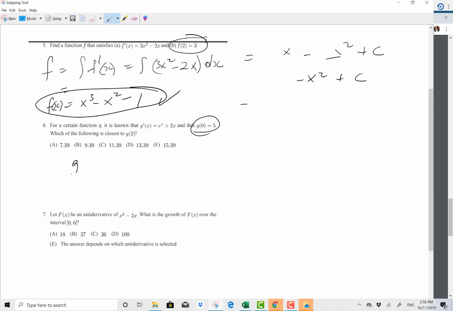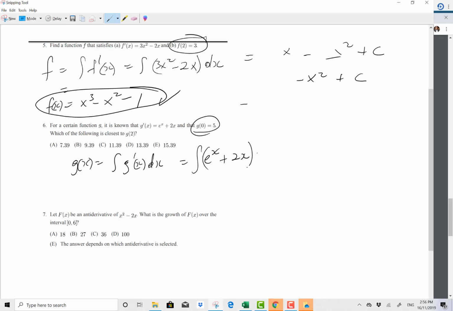So we need firstly g. So g of x is going to be the integral of g prime of x. It's an indefinite integral again, so we are integrating and we're going to have a constant being generated. So let me write it out first, the integral of e to the x plus 2x.